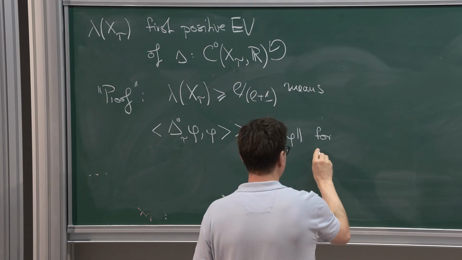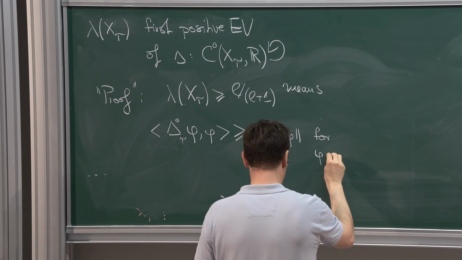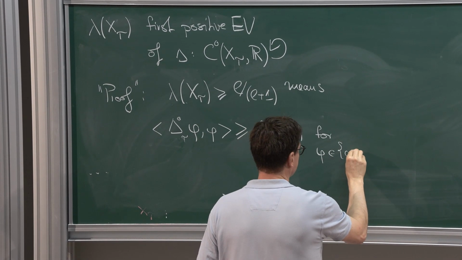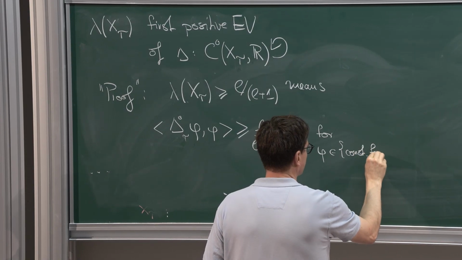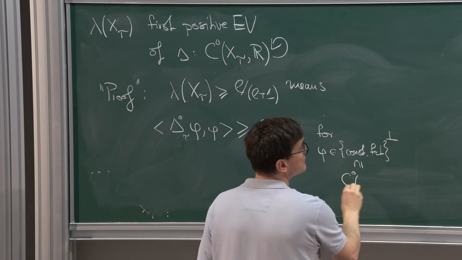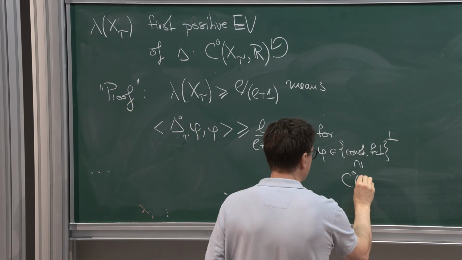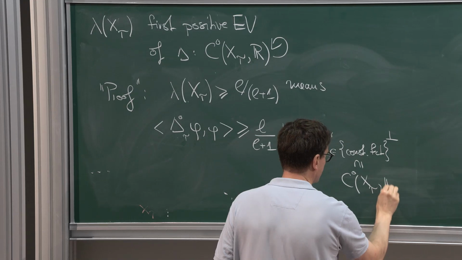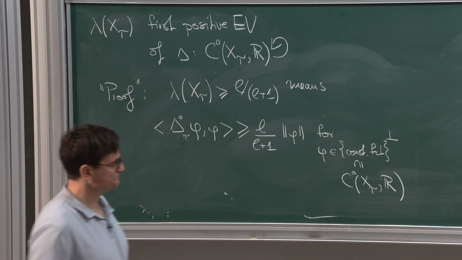So for phi, let me just write it like this: constant functions, orthogonal complement in Z0, so you get this.